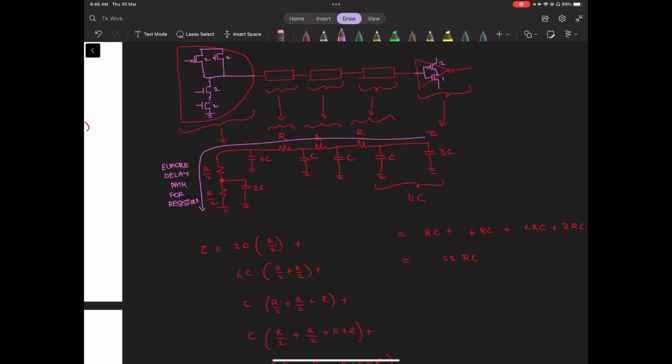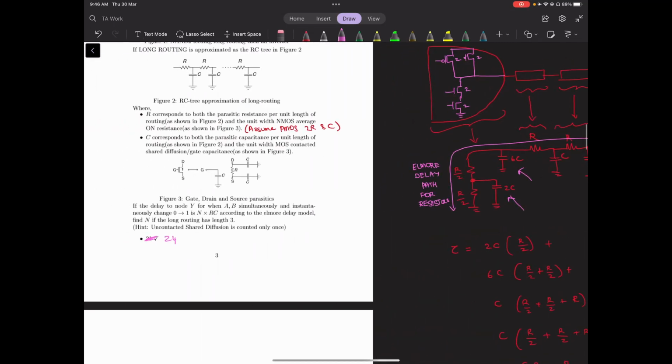Now you just have to replace the transistors with their parasitic equivalents, and you will find that this is the total capacitance at the output of the NAND 2 gate, and this is the capacitance at the mid node. You can assume that the capacitance was shared between devices, with contacted shared diffusion and gate capacitance.